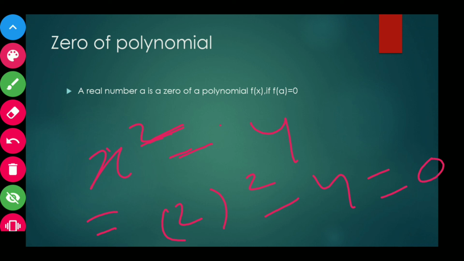So that means 2 is a zero of the polynomial f(x) equals x square minus 4. Here you can see that if we put minus 2 here, then we also get 0. That means minus 2 is also a zero of the polynomial.